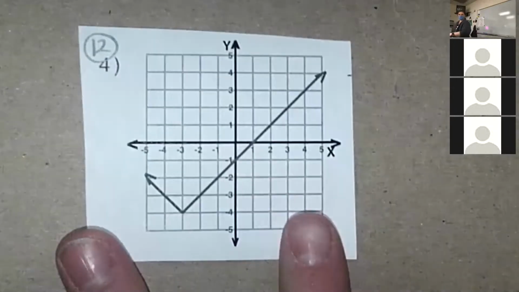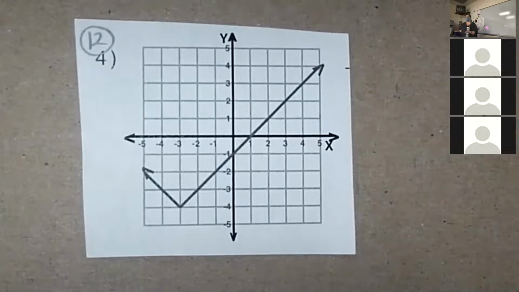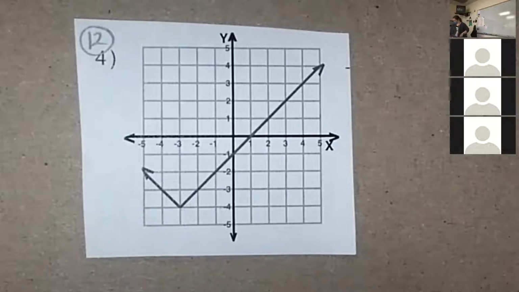12, equation. Y equals. We just had that one basically. That's why it also gets confusing because they're all very similar. And then they're like, is it a plus, is it a minus? I think we should do some more writing.